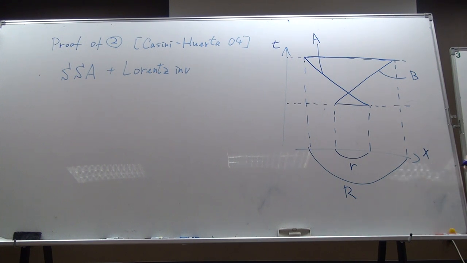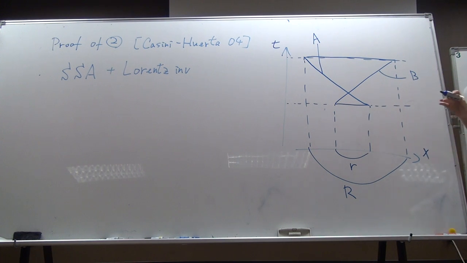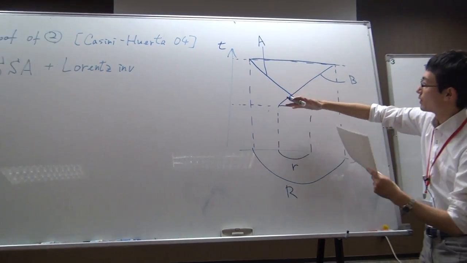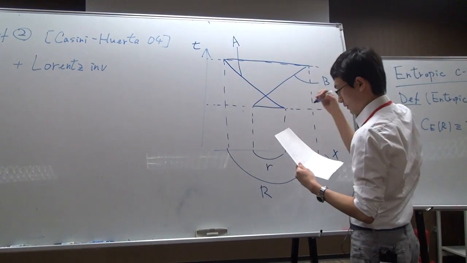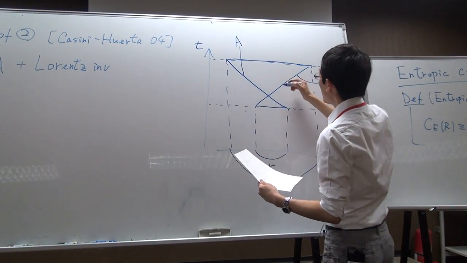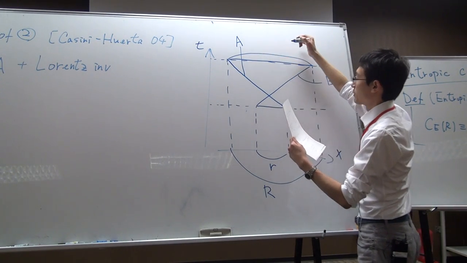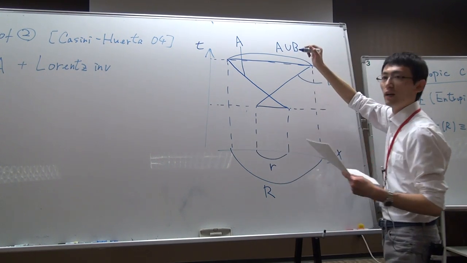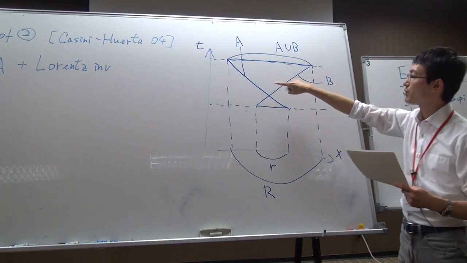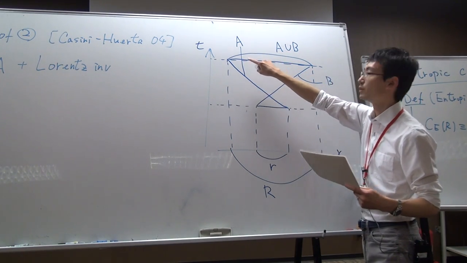Since I have Lorentz invariance in my theory, I can boost the interval at constant time to this one, and then this part becomes the union of A and B, because every piece of information going through region A and region B has to go through this slice.